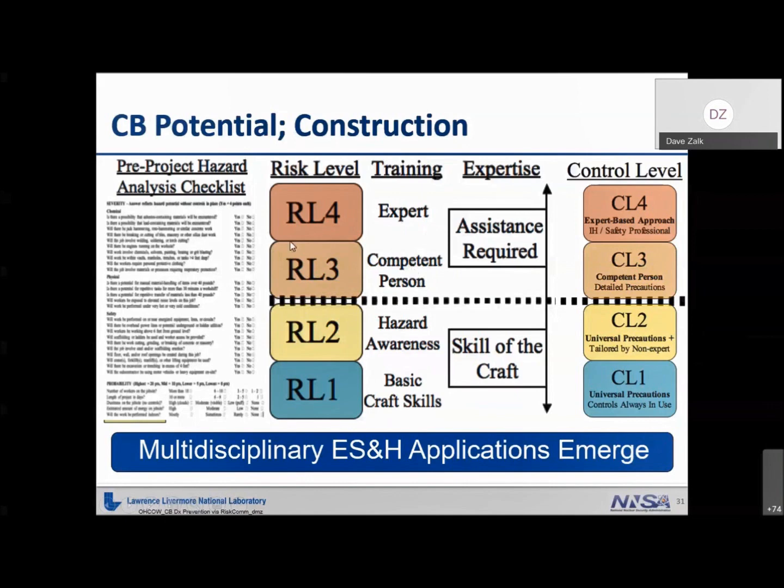Well, you can go back to the checklist and see if there's ways to design the job and work differently, and it's very easy to do that, especially at the probability level, that you might be able to bring down your risk level to a competent person level. But being able to do that's fantastic. And the other tools that are going to be discussed later today would be fantastic in fitting in to the control level outcomes.